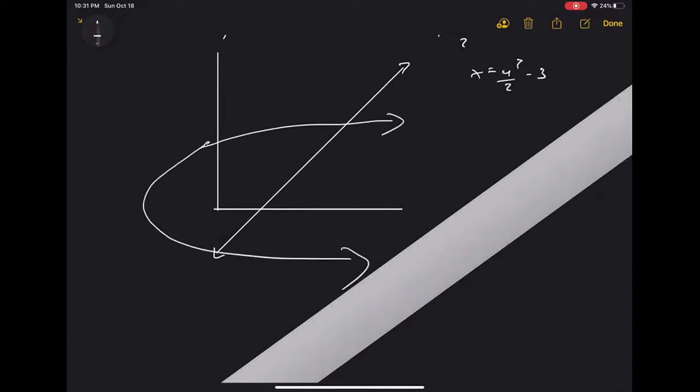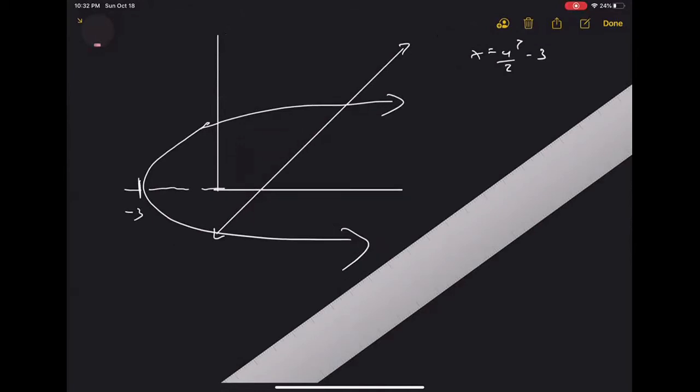If I plug 0 in for y, my x is -3. So the region we're trying to integrate over, what's our one possible enclosed region?